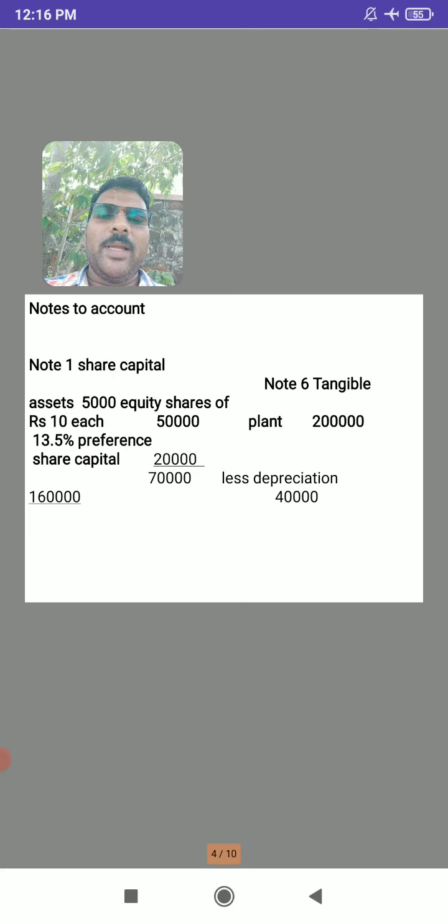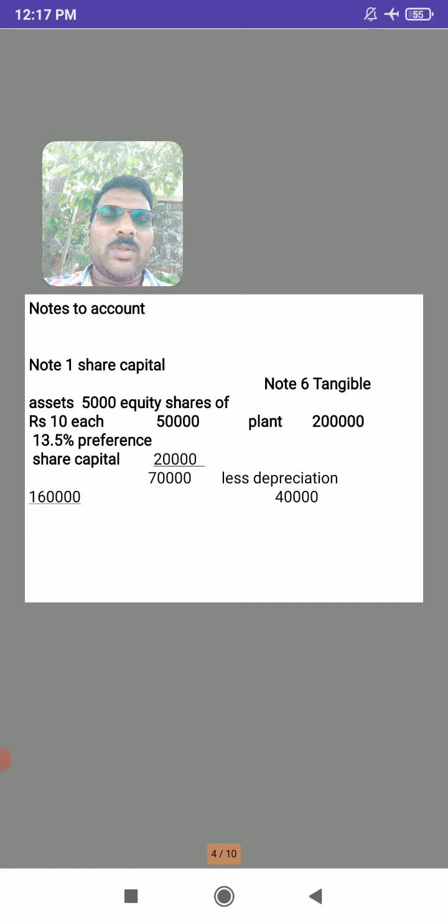So in total we have share capital of 70,000. As per note 6, tangible assets are plant 2 lakh, and depreciation on the plant is 40,000. So after deducting depreciation we get 1,60,000 as total net tangible assets.